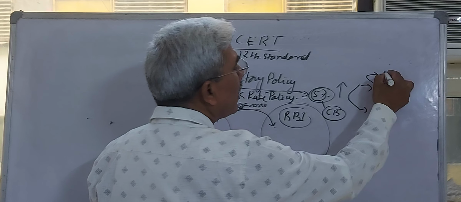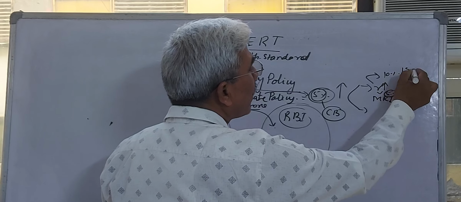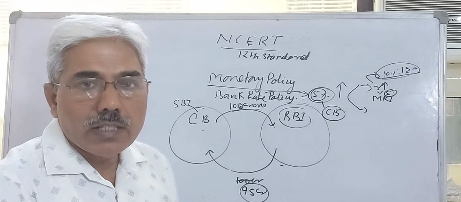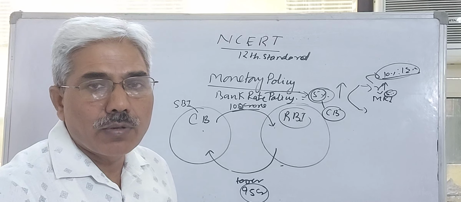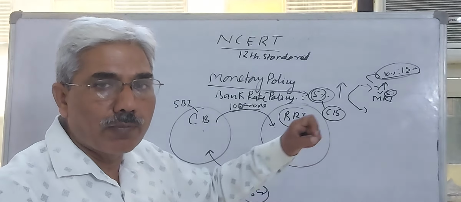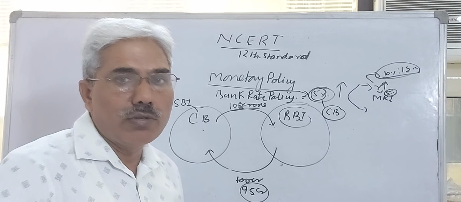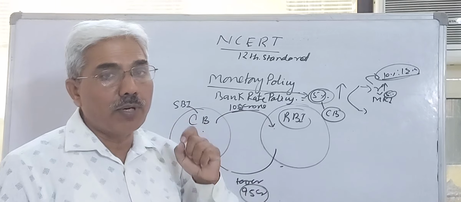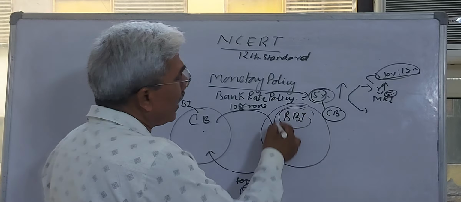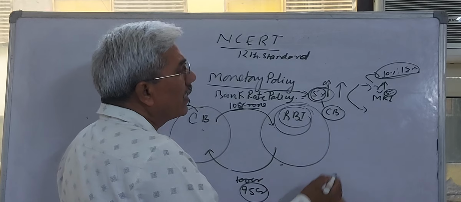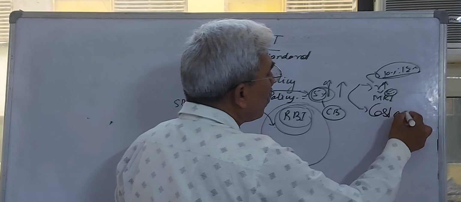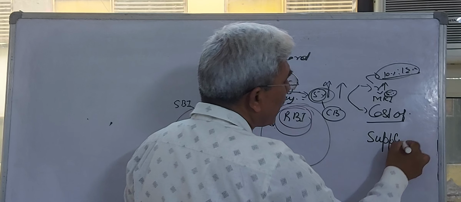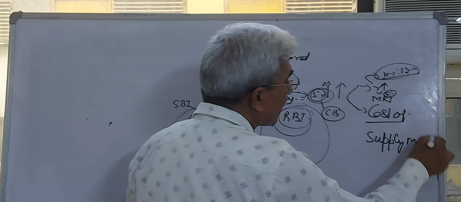Or you can say it will be 10%, 12%, etc. If the market rate of interest is high, the consumer will borrow less money from the commercial bank for purchasing durable and non-durable goods. In this way, it will decrease the demand. Second point, if the RBI increases the bank rate, then it will increase the cost of money supply as well as decrease the supply of money in the market.